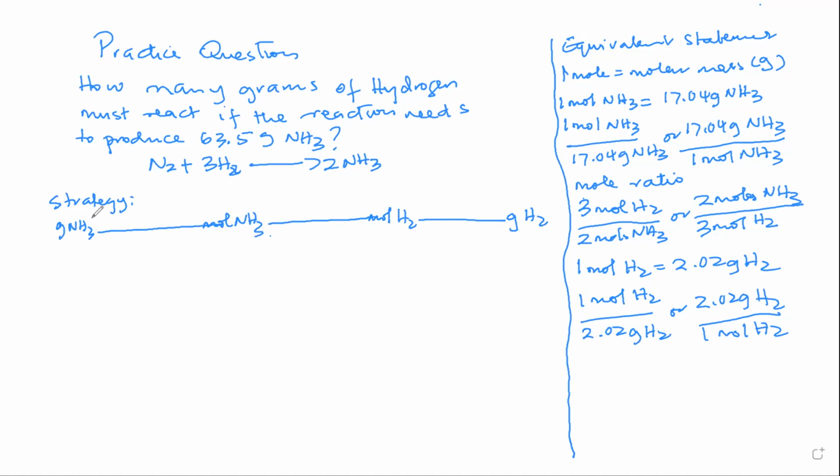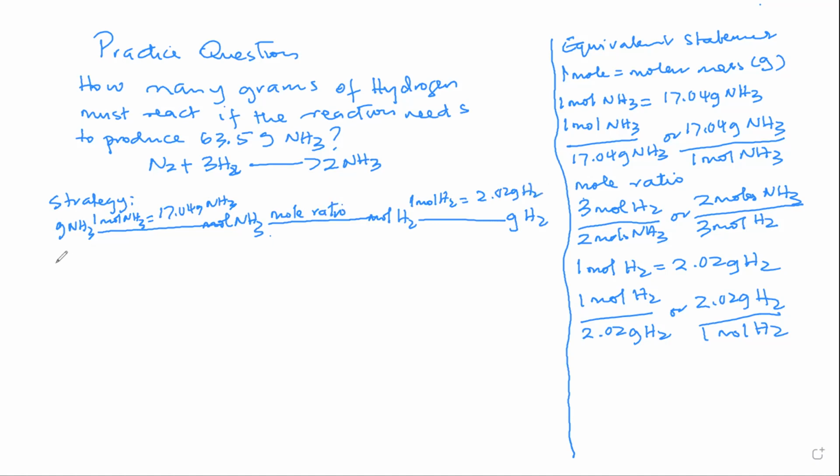So we have 1 mole of NH3 equal to 17.04 grams of NH3. Here we need the mole ratio. Here we need 1 mole of hydrogen equal to 2.02 grams of hydrogen.